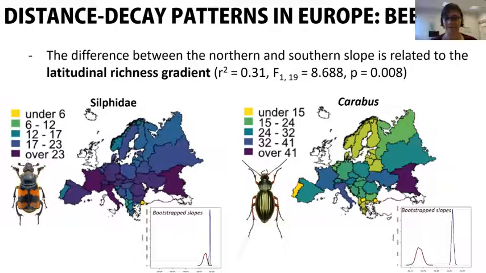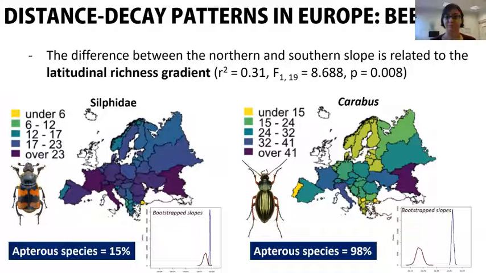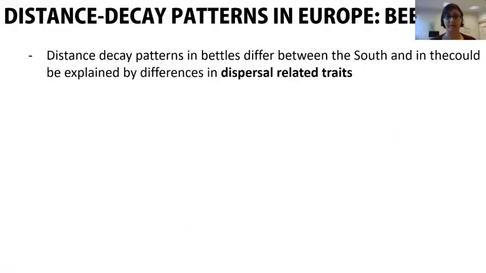And as you can see here, for Carabus, most species do not have wings, so it's strongly dispersal limited. The slopes are stronger. These are just two examples to show you how the patterns look.